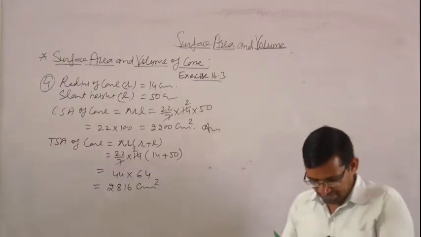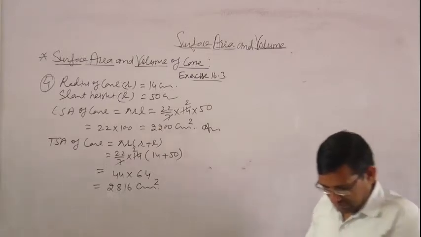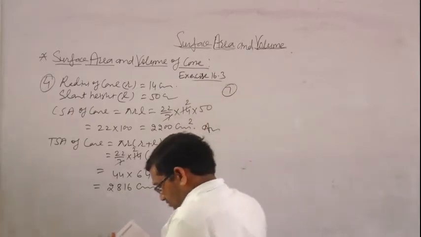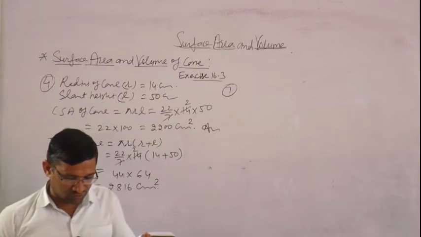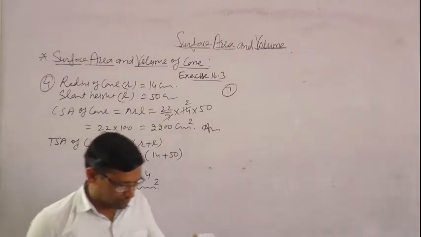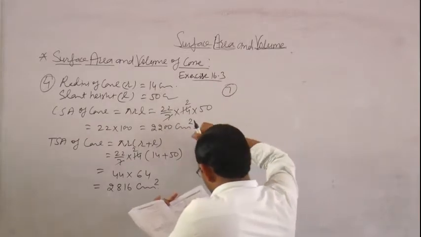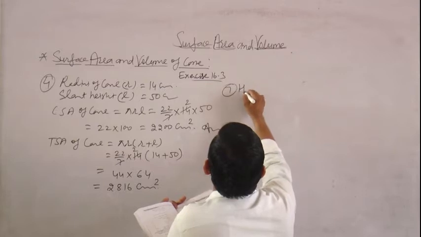Then some students ask question number 7. Question number 7 is find the height of the right circular cone of slant height is 25 centimeter and area of its base is 154 centimeter square. In this question, slant height is given.